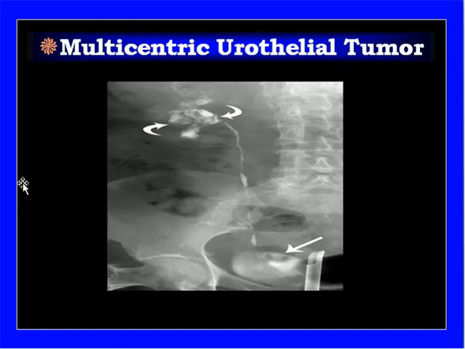Here you can see a ribbon-shaped ureter, and the bladder filling defect. The right kidney shows multiple filling defects. Only a few calyces are outlined, filled with contrast, and there is distortion of the kidney because of the presence of the multicentric urothelial tumor.